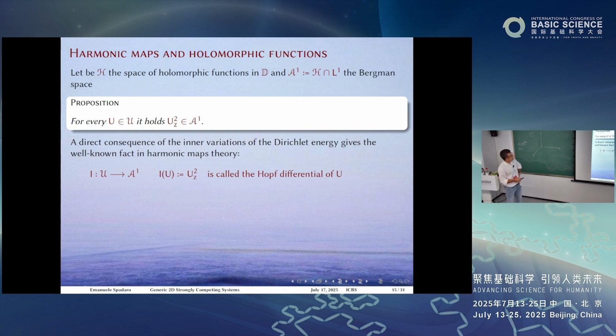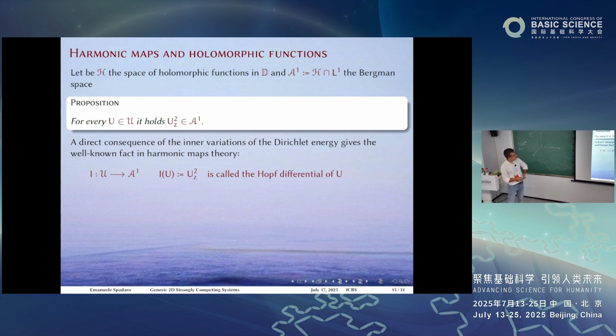And the starting point of our analysis was to connect this to harmonic function theory, noting that every solution to this system of PDEs has the u_z squared derivative which is holomorphic. So its holomorphic function should be in L1, so this one is the Bergman space with exponent 1. So the first observation was that every solution to this harmonic map theory has the u_z squared derivative holomorphic. And this one is a very well-known fact.